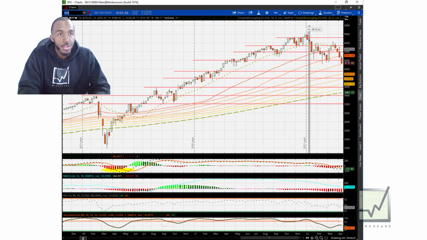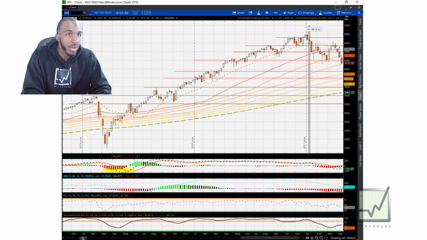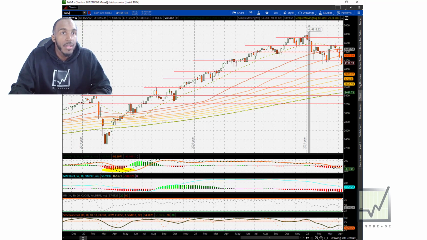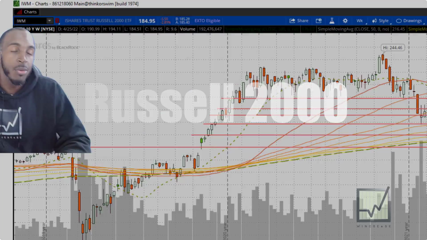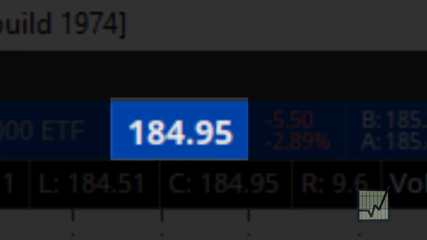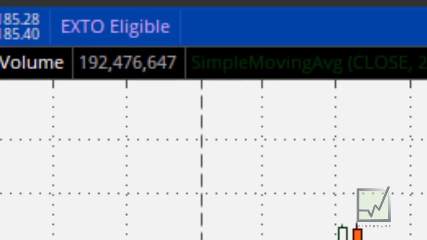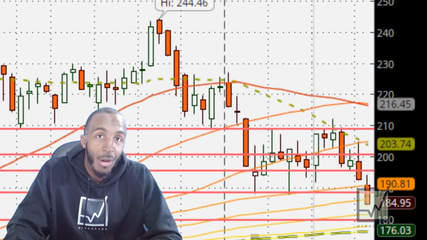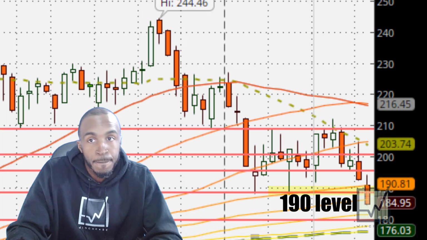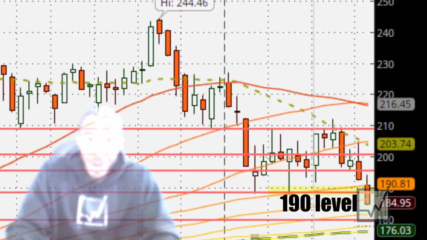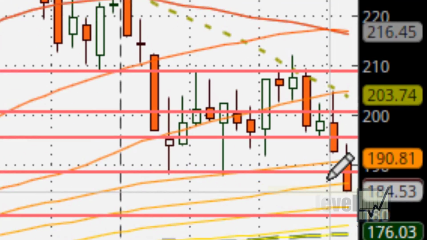Let's go ahead and travel on to the Russell streets and see what went on over there. So we use IWM and let's check it out. IWM closed at 184.94. Now last week we also talked about how this was likely going to retest 190 and that it would likely break it, and we did break 190.